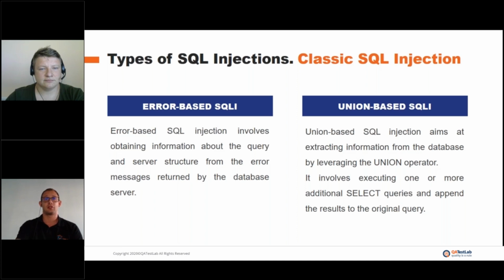Error-based SQL injection relies on error messages returned by the database server to obtain information about the structure of the query in the server. There are cases where the attacker can get enough information to enumerate an entire database. Union-based injections leverage the union operator to combine the results of select statements into a single result.